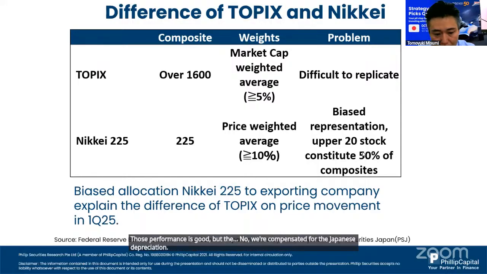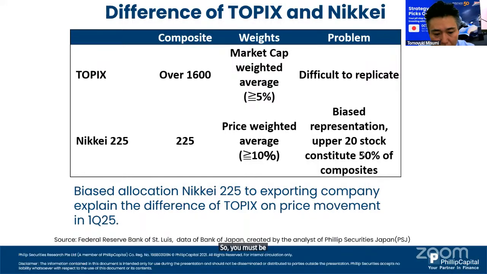So you must hedge the currency. And if you want to cover small and mid-sized businesses, the Topix is better than the Nikkei. Thanks so much for asking.